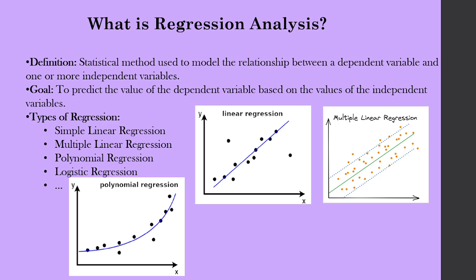There are different kinds of regressions available. Most commonly used is linear regression, if we have only one independent and one dependent variable. If we have more independent variables and one dependent variable, and they are almost varying linearly, then we go for a multiple linear regression.